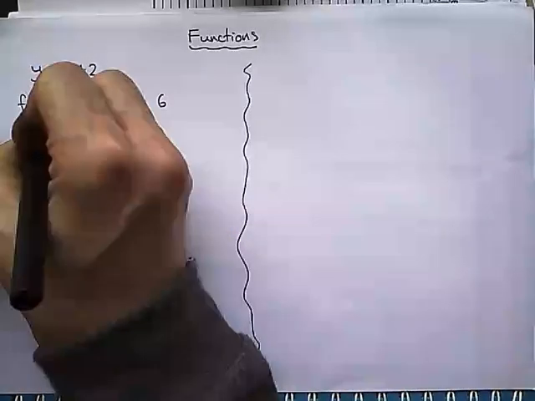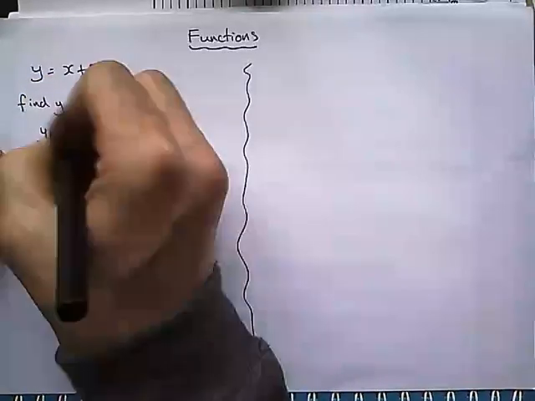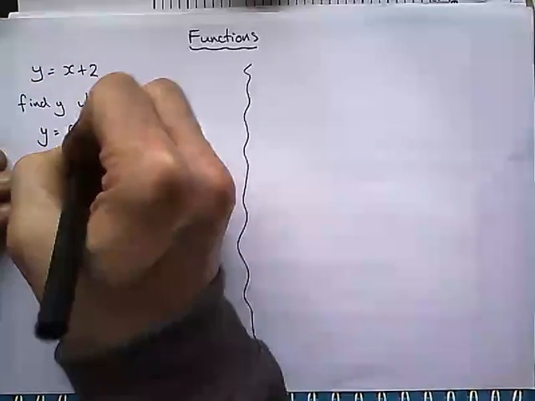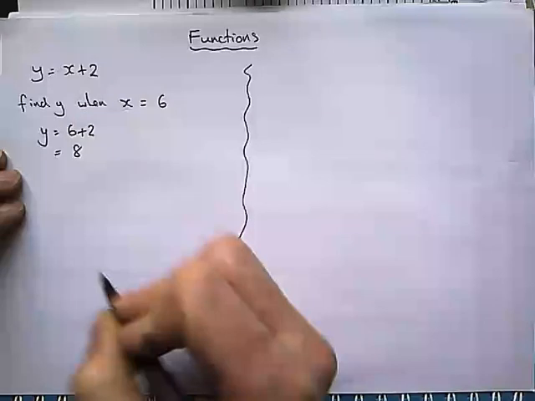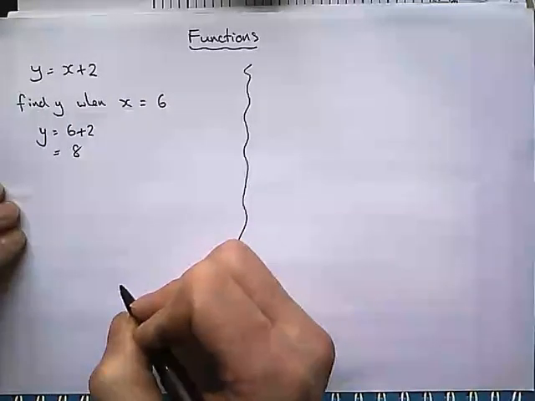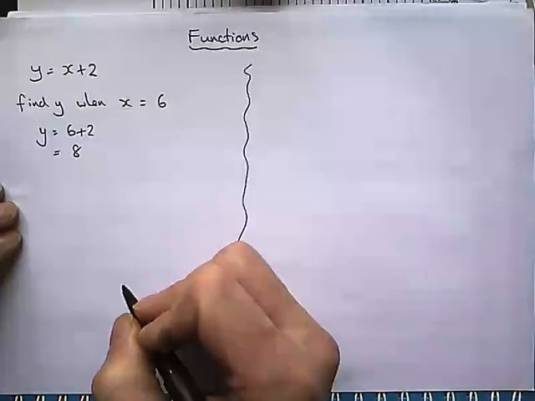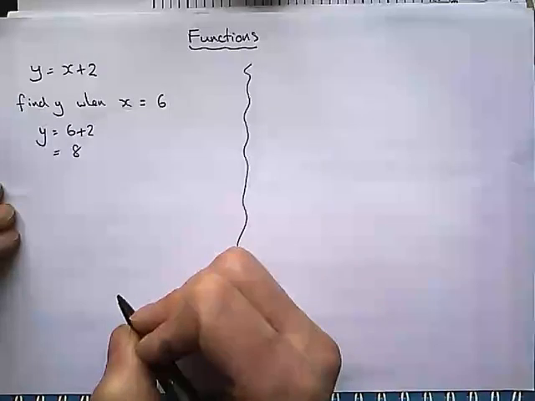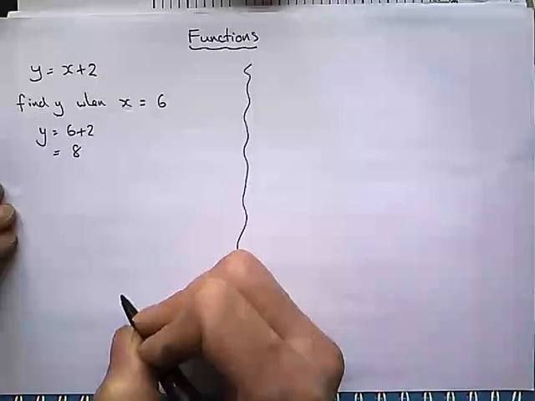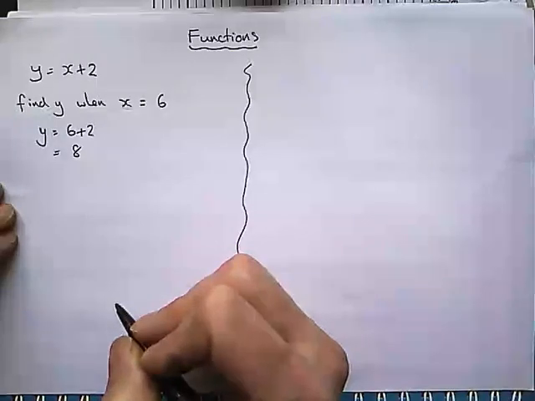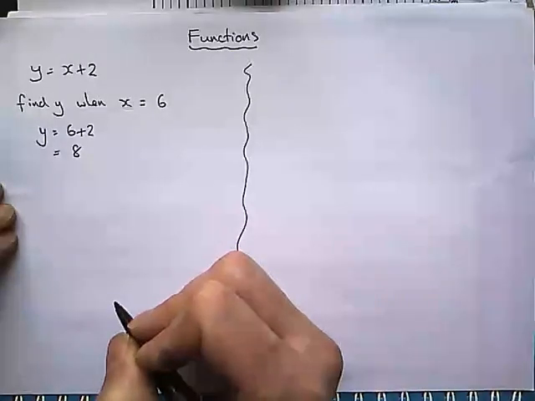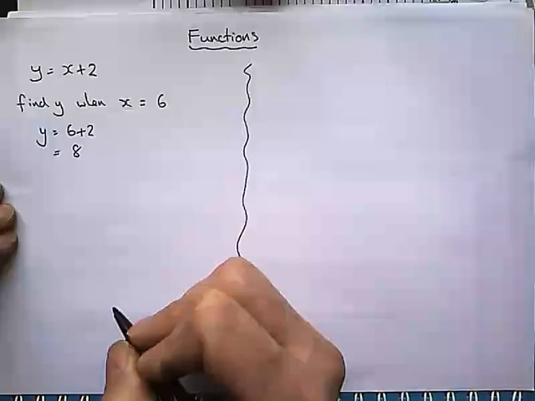So y would have been equal to 6 plus 2, which equals 8. I think that's pretty straightforward, and something that we can remember as well, because it wasn't too long ago that we did graphs. So what we're going to do now is start bringing in writing a function without all the function machines, the arrows, the boxes.